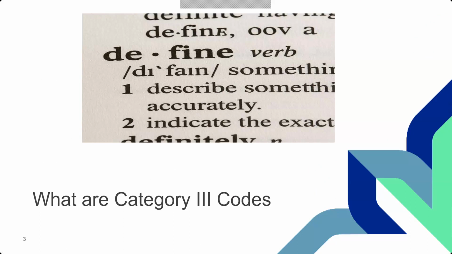They consist of 4 numeric characters followed by the letter T and are used for data collection to justify further widespread use or to aid in FDA approval processes. These codes are released biannually by the American Medical Association, or the AMA.